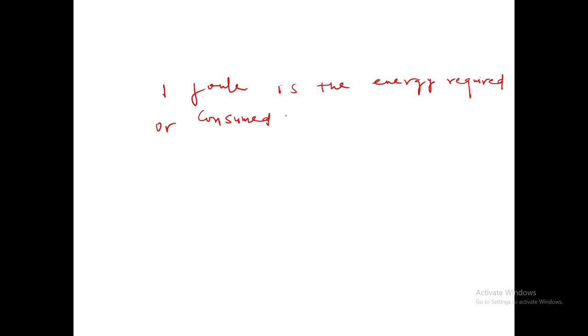And 1 joule is the energy required or consumed to do 1 joule of work.